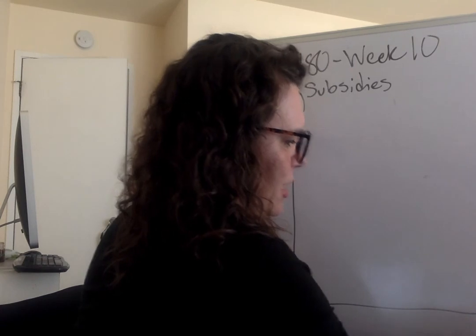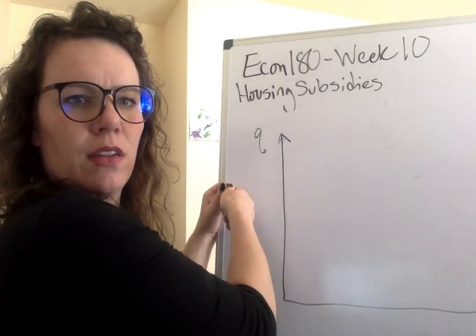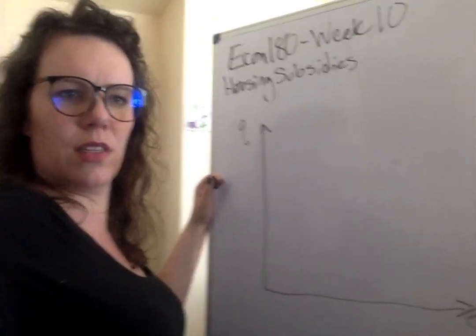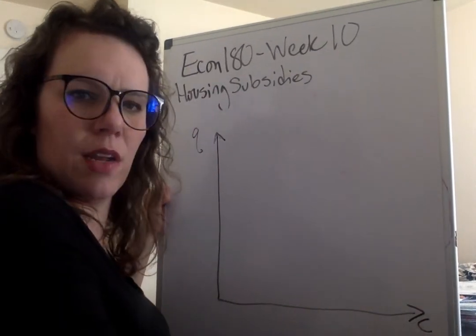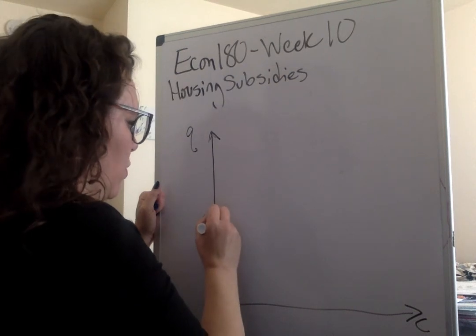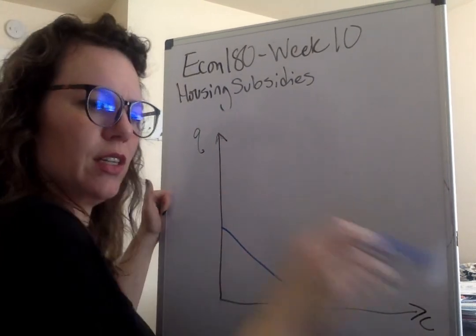I'm going to put C down here and Q up here. It's like working with a mirror. And then I'm going to draw my budget constraint where I can either consume 1,000 units of housing or 1,500 units of everything else.